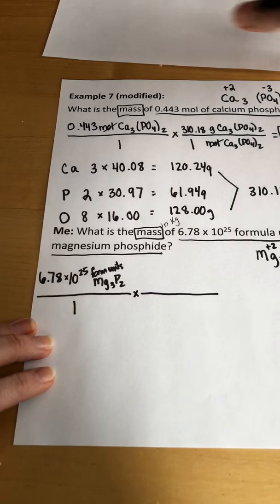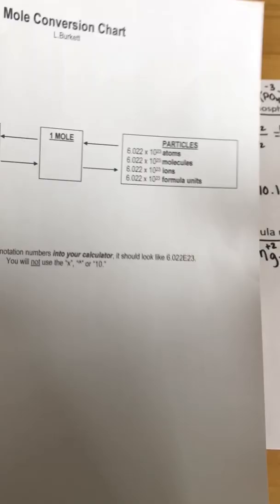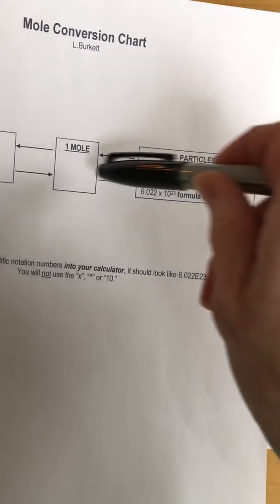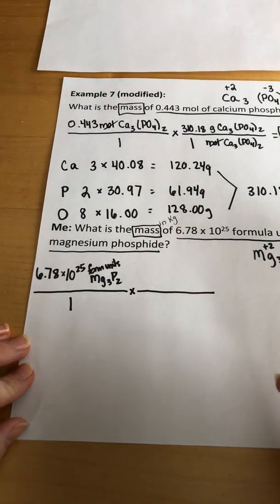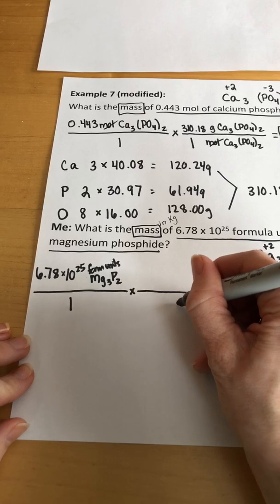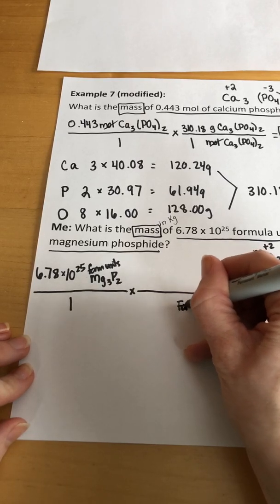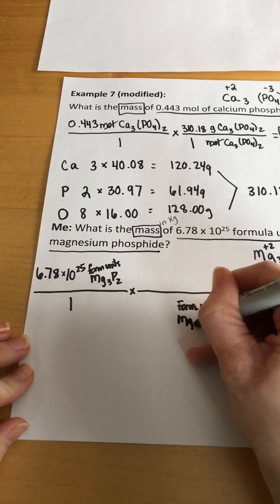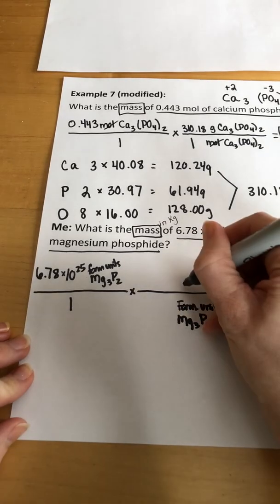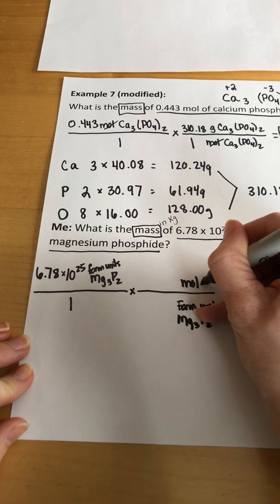Okay, so my first step, I'm in formula units. My first conversion is going to be to moles, so that's what I'm going to set up first. Formula units is on the top, so I'm going to put my unit of formula units on the bottom. And my first conversion has to be to moles.